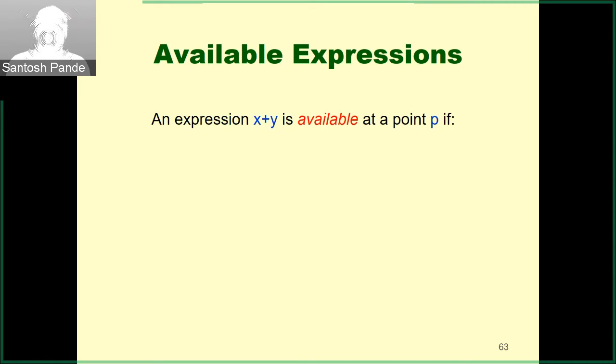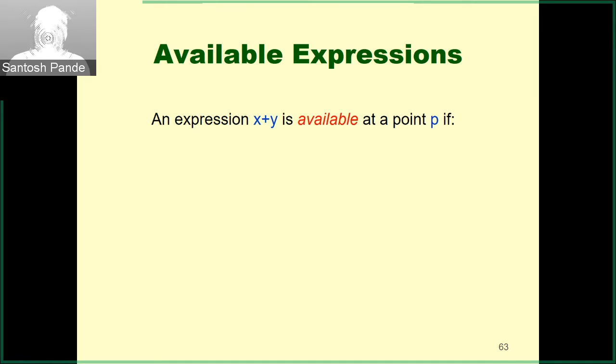So in short, to do the copy propagation, we'll have to do some extra work on top of reaching definitions. Can we have an analysis which unifies this, copy propagation, and X plus Y or X star Y kind of things? This is defined as availability of an expression, including an assignment expression.